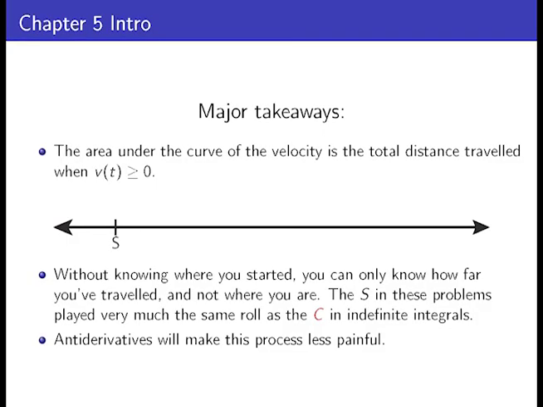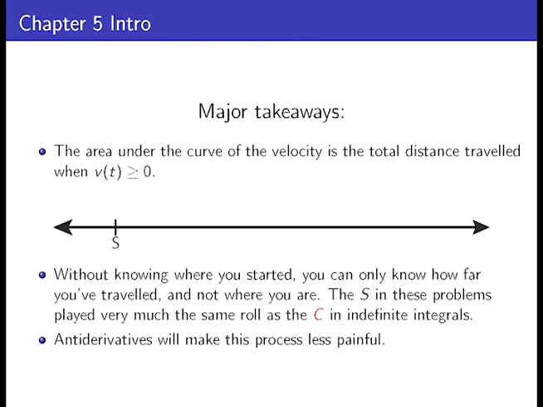So here are 3 things I would like you to take away from this video. First of all, we saw that the area under the curve of a velocity function represents the total distance traveled if the velocity is positive. The second thing is, if you notice in all the questions I asked, I always said you started at some point s. First of all, this should show you that once you know your velocity, your total distance traveled, as long as you're always moving right, is independent of where you start.